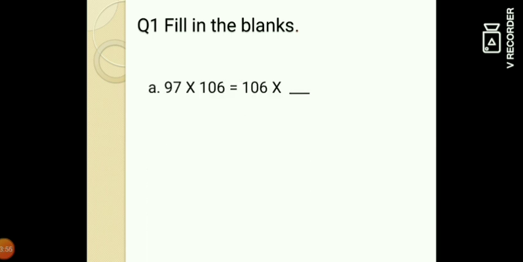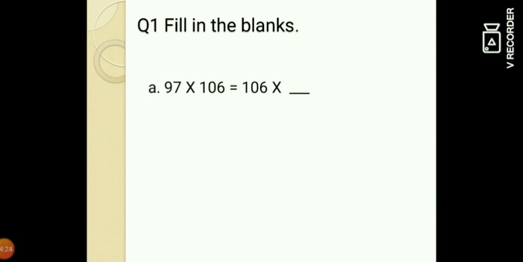This is the question. See, on the left hand side, they have written 97 multiplied by 106, whereas on the right side, 106 multiplied by a blank is there. Can you tell me which number must be placed here? Yes, it is related to the previous property. It is the order property.